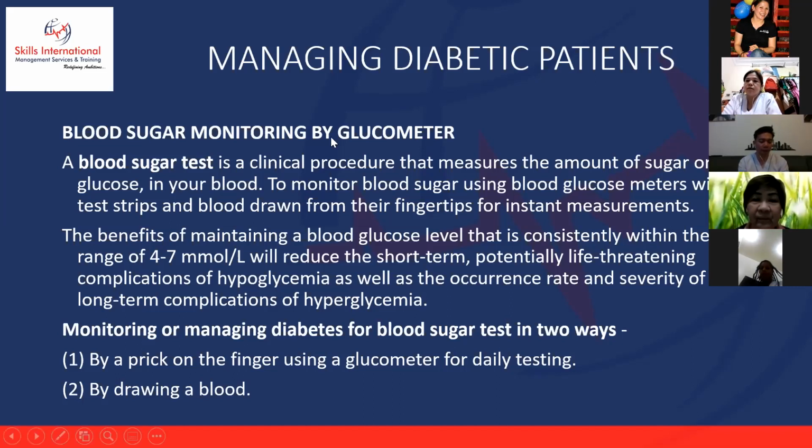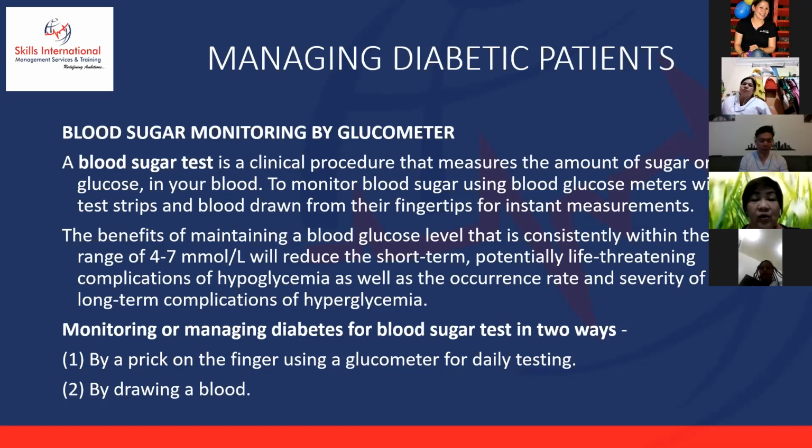Okay? So a blood sugar test. This is the test now. We have to do a blood sugar test to our patient. A blood sugar test is a clinical procedure that measures the amount of sugar or glucose in your blood. So we will do a blood sugar test to the patient.